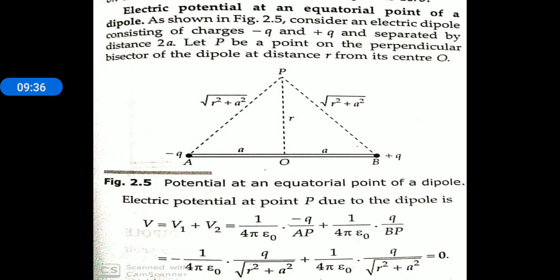So the resultant potential V is equal to 0. So at any point on the perpendicular bisector of the dipole, the electric potential will be 0. At all such points the potential will be 0, while at an axial point its value is not equal to 0.